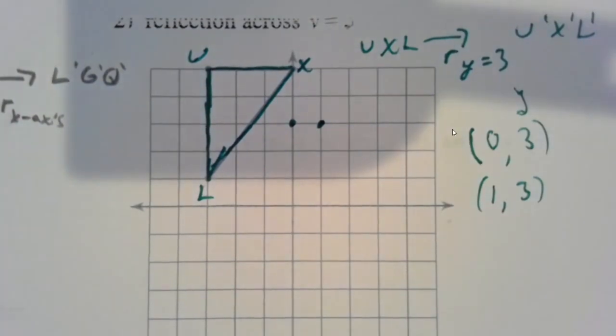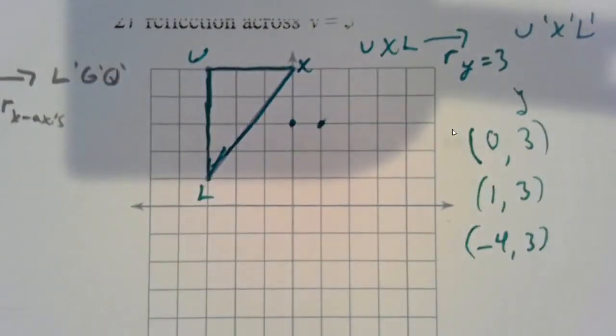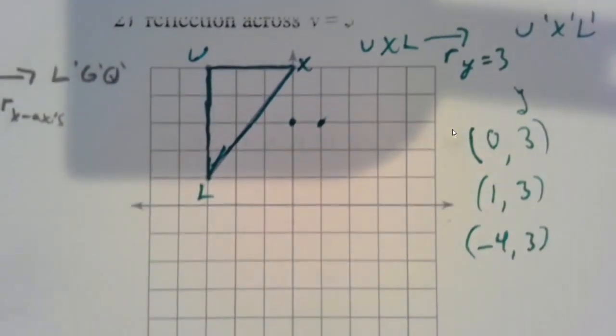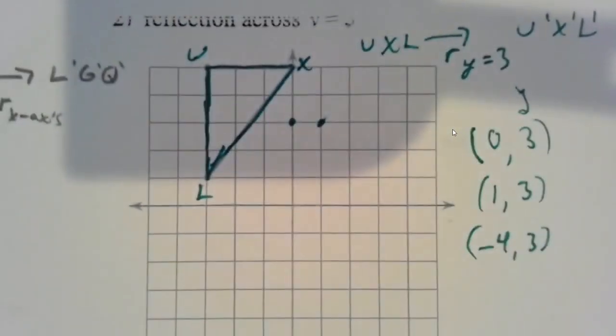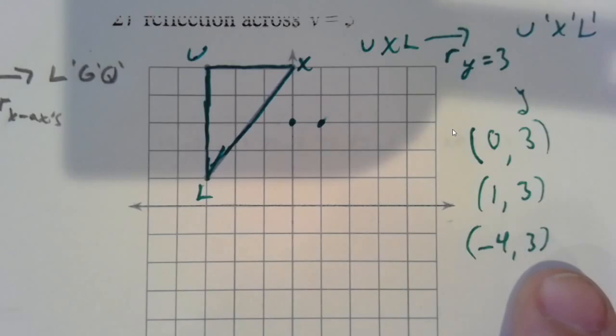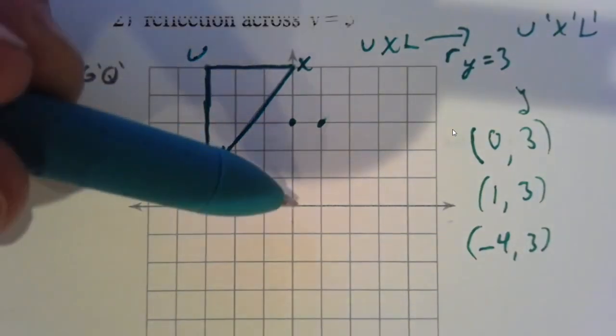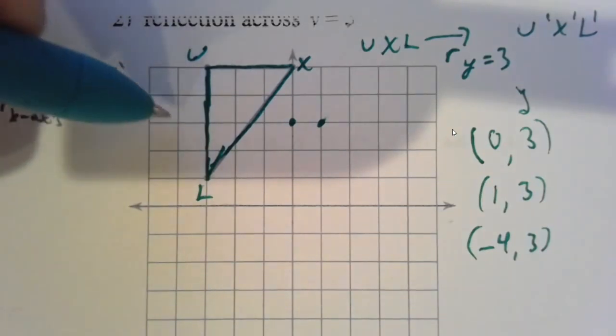Maybe I'll plot one more just for good measure. How about negative 4, 3? Negative 4, 3 has got a different x value, but still that y value is equal to 3. So it's just going to be 1, 2, 3, negative 4, 1, 2, 3.